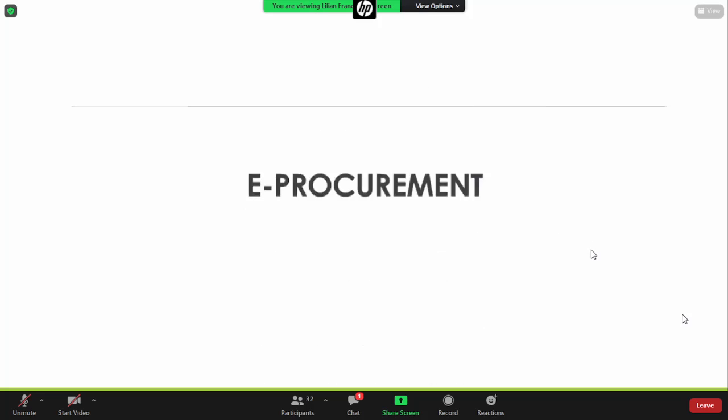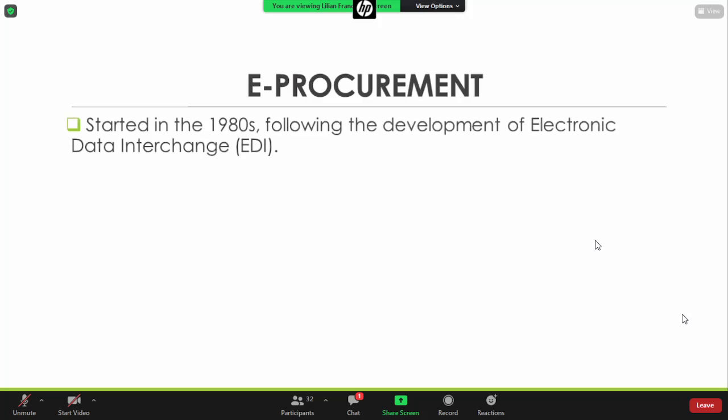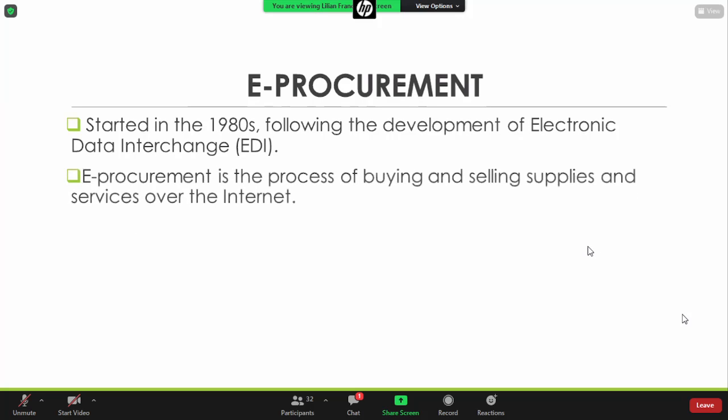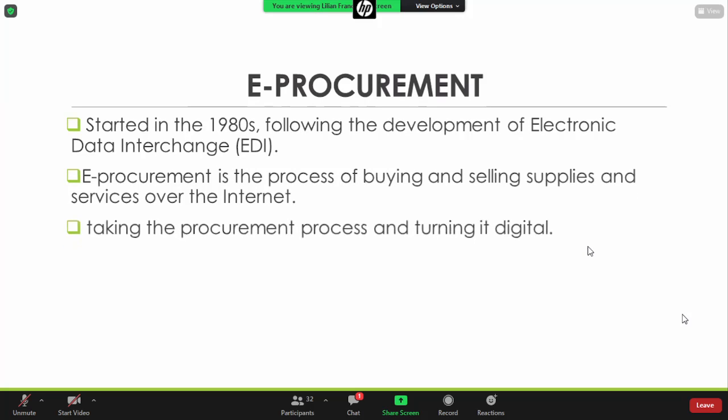The next topics will be all about e-procurement. It started in the 1980s following the development of electronic data interchange. It is the process of buying and selling supplies and services over the internet and taking the procurement process and turning it digital.